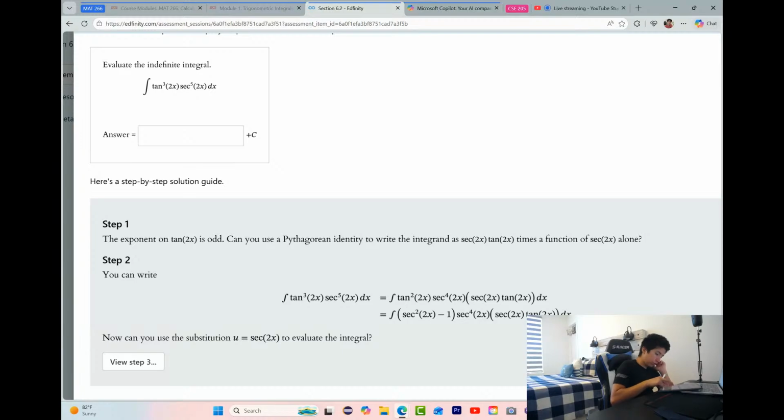And we did u equals secant of 3x. Oh, very cool. So now we replace u again. u squared minus 1 times u to the power 4. Let's go. We did it. Yes. We're so good.